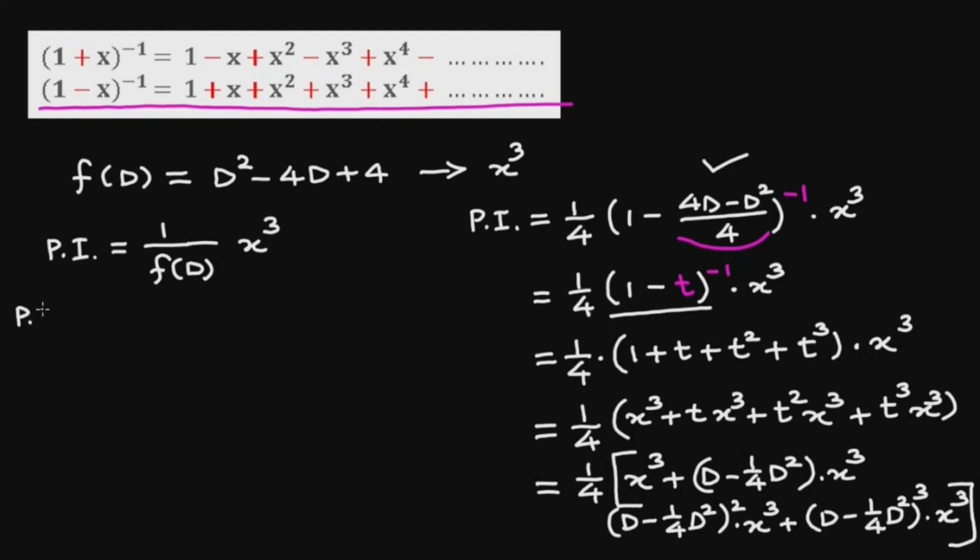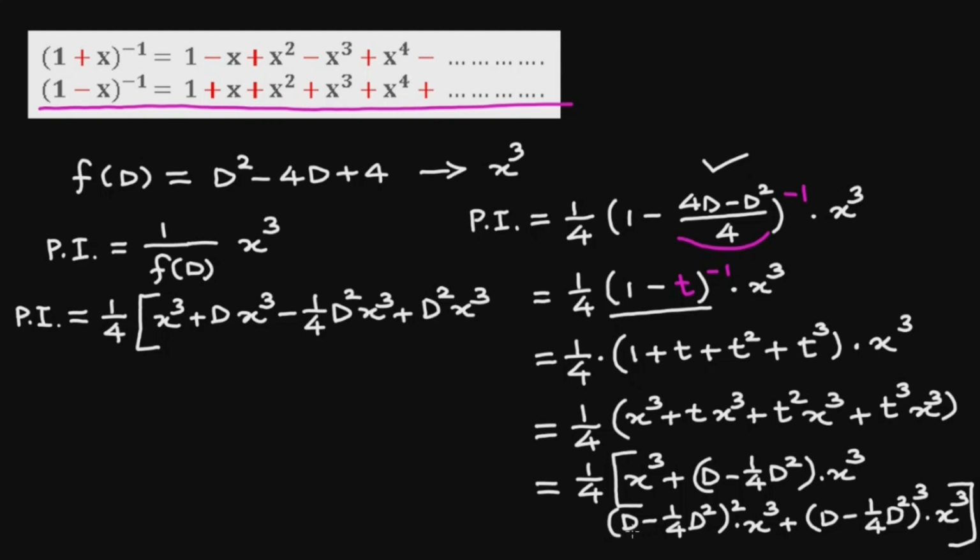So the particular integral will further be 1/4 into x³ plus Dx³ minus (1/4)D²x³, plus the first term of (D − (1/4)D²)², which will be D², operating on x³. The second term of the expansion of (D − (1/4)D²)² will be minus 2 times D into (1/4)D², that is (1/2)D³, operating on x³, plus the first term of (D − (1/4)D²)³, which will be D³ operating on x³.